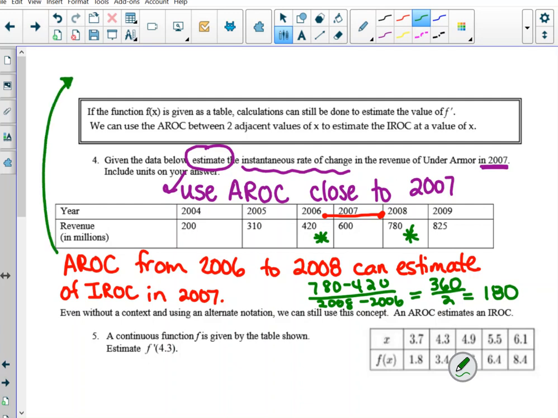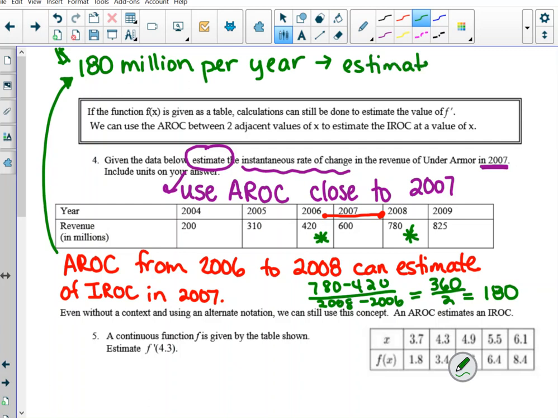So if we wanted to write something about that answer, that is 180 million per year is what we're estimating is the estimated, in this case, increase in the year 2007.